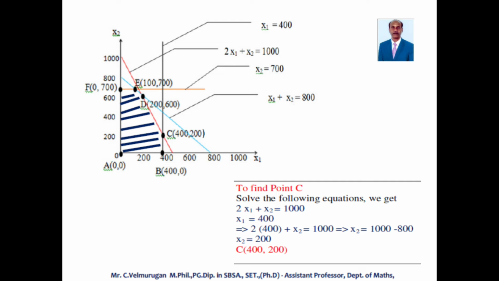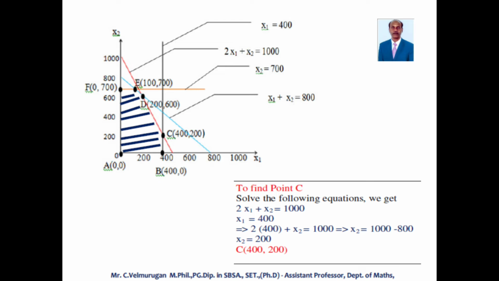Then if we join these 2 points, we get one line. Okay, that line is denoted as a red mark. So here we consider all the area below the red line, because the constraint has the less than or equal to symbol only.